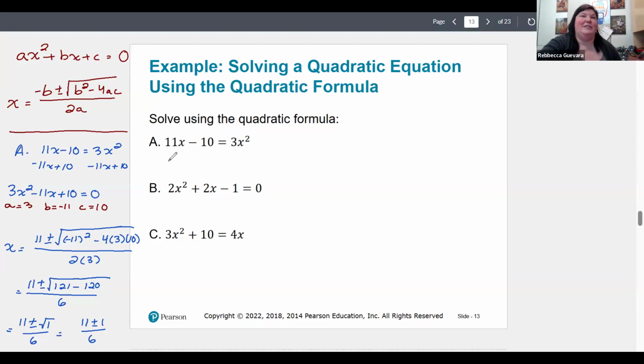That means I have two solutions. I have x equal to 11 minus 1 over 6, or x equal to 11 plus 1 over 6. The minus gives 10 over 6, or 5/3, which was one of our solutions. The plus gives 12 over 6, which is equal to 2, which was my other solution.